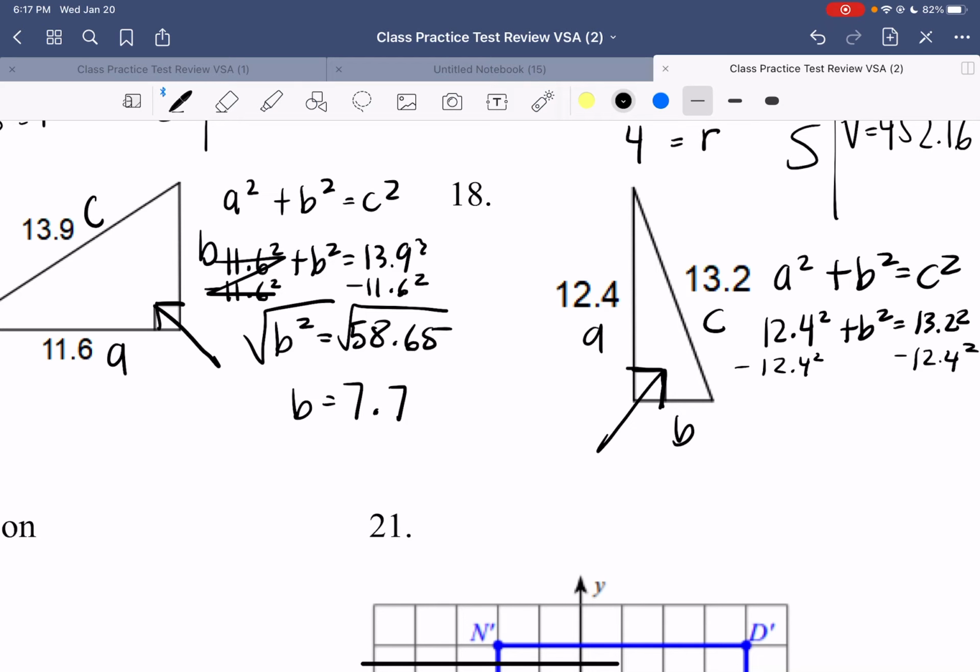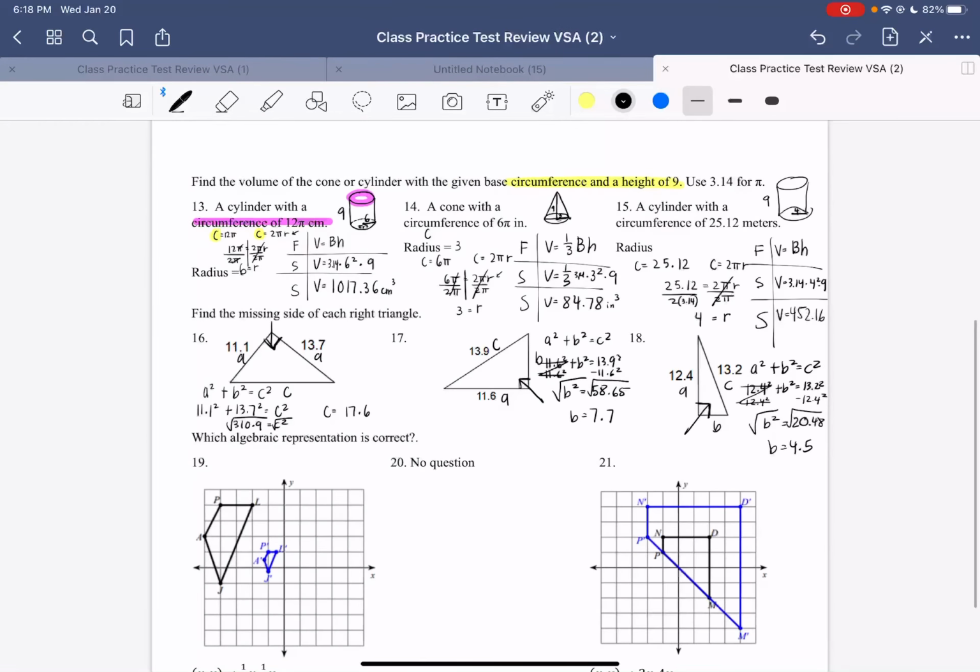You could also simplify those before you started doing it, but b squared equals 13.2 squared minus 12.4 squared. That leaves us with b squared equals 20.48. And then taking the square root of both sides, we get 4.5 as our b.